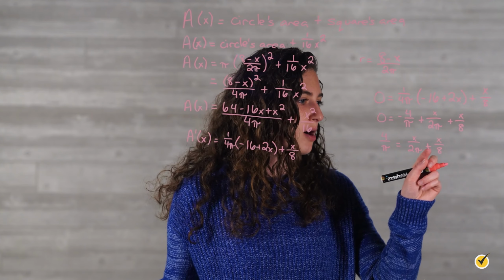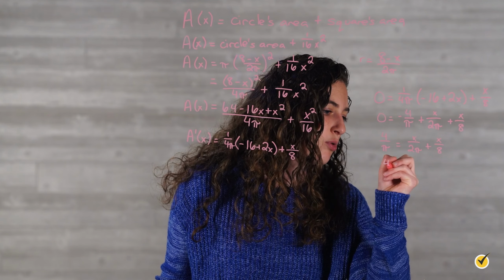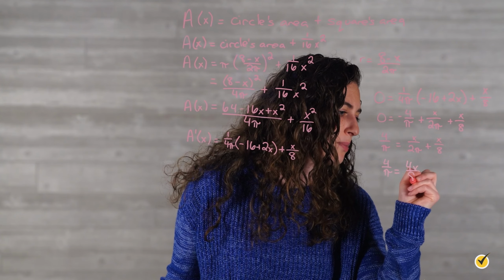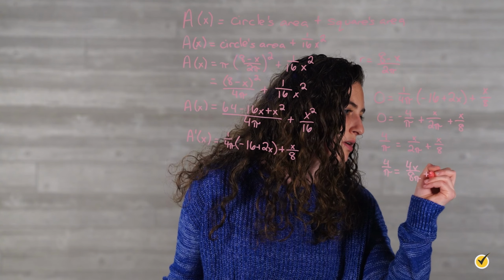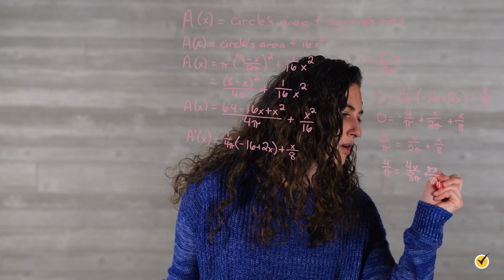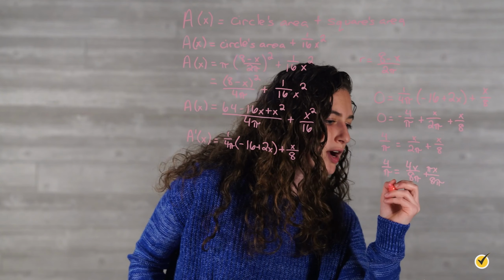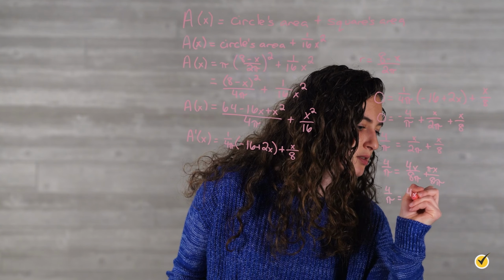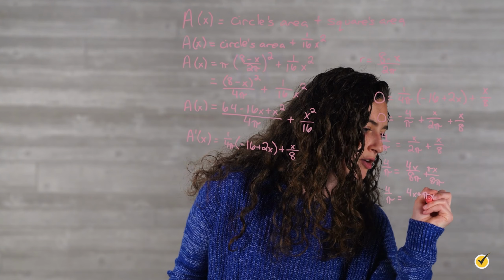So we can solve for common denominators, and we'll have 4/pi is equal to 4x over 8 pi plus pi x over 8 pi. Then we can add these two fractions. We'll have 4/pi is equal to (4x plus pi x) over 8 pi.